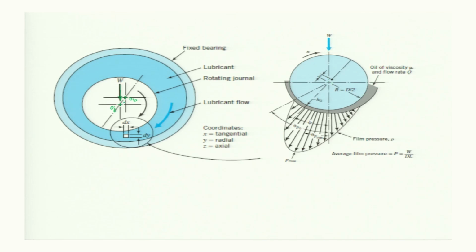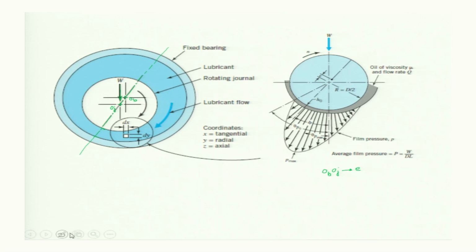The difference between OB and OJ is the eccentricity E, and if the centers are joined and the line extended, then at a particular location along this you get a minimum film thickness.